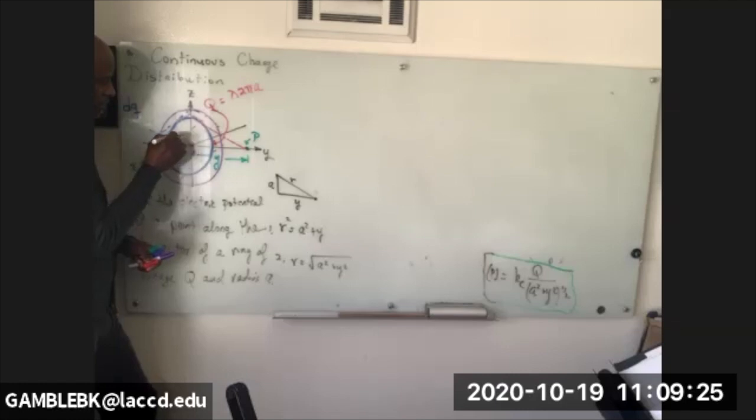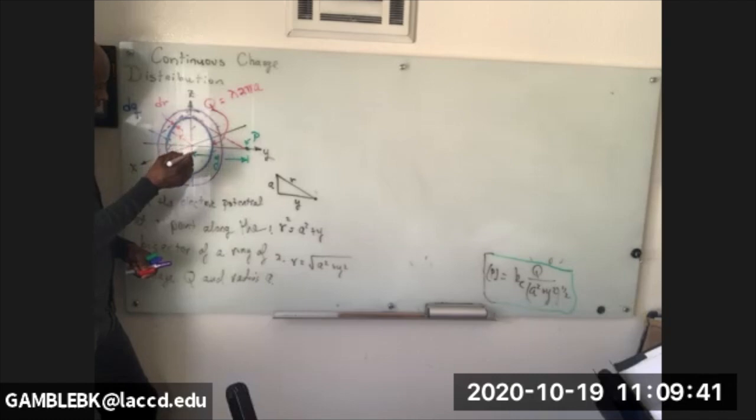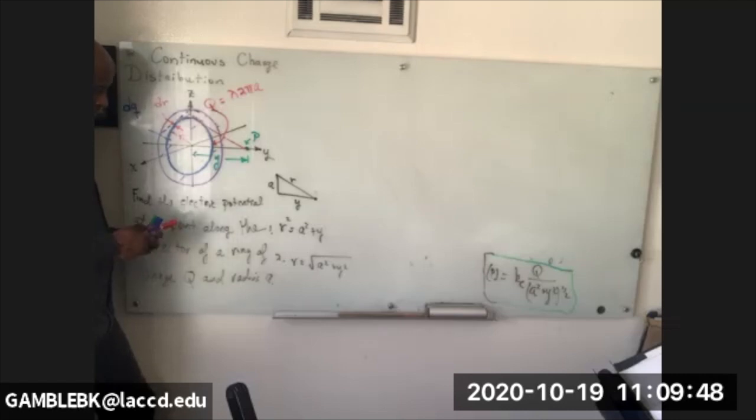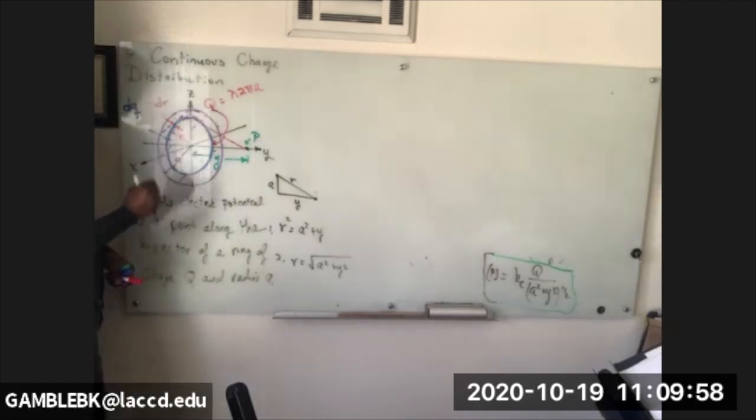The radius of the disk is still A, but that particular ring is at position R, and it has thickness dr. So now it has an area to it. And the total radius of this thing is still A, but that goes all the way out to here. So R will go from 0 to A, basically.